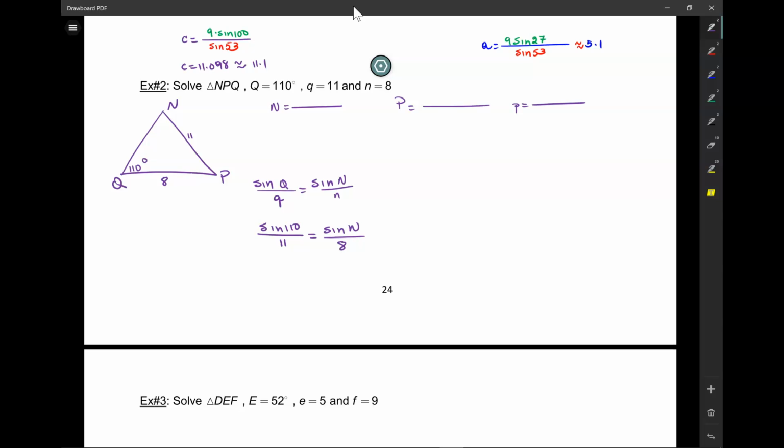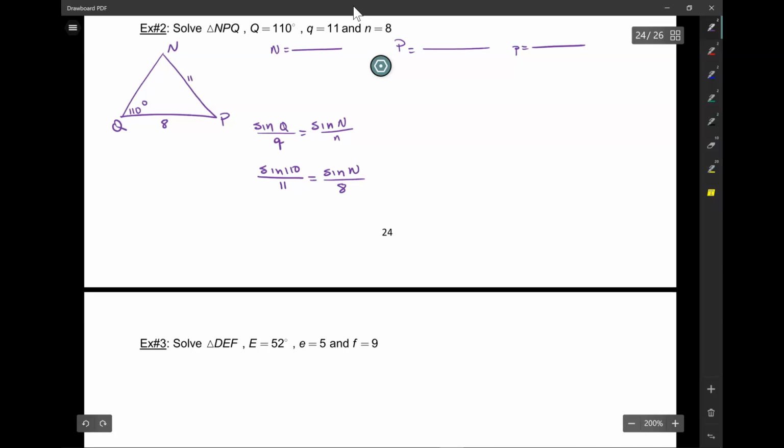Okay, so now this one's a little bit trickier. What's my unknown? Sine of n. I write that with a fraction. Now, take the diagonal that's complete. 8 sine 110 over what? 11, just 11, right?